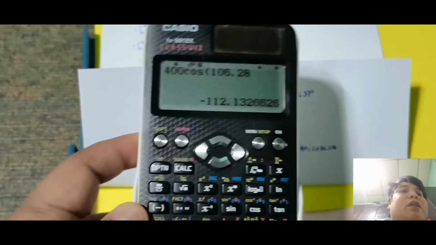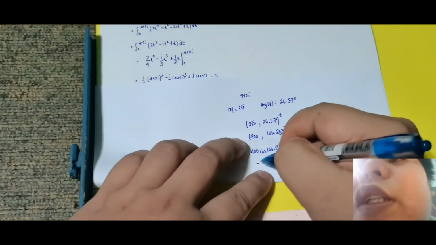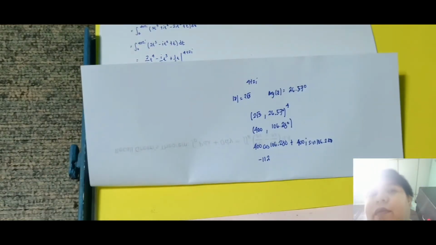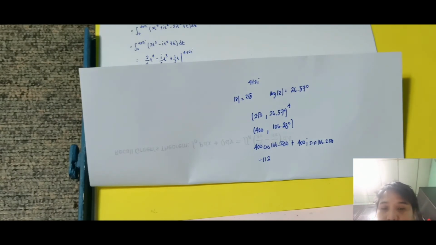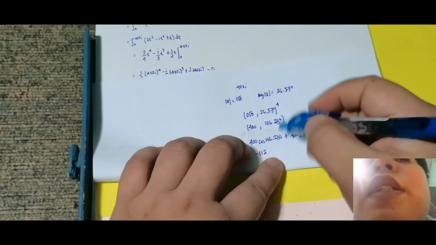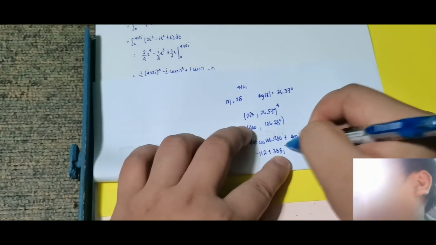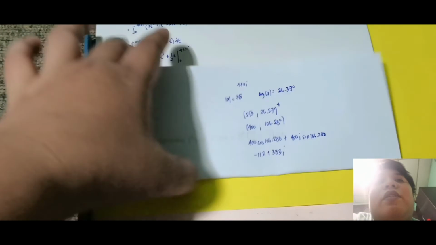Okay, that is negative 112 approximately. Then, 400 sine 106.28, that is 383. So this is plus 383i. Okay, so ito pa lang yung sa 4 plus 2i.